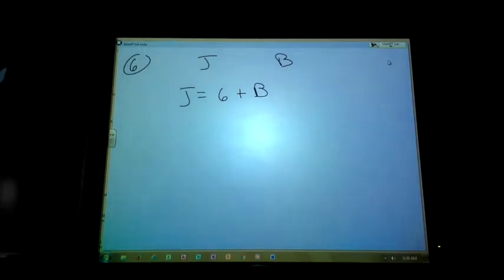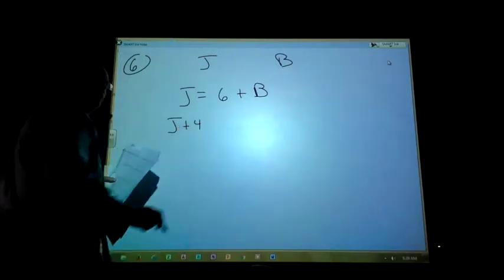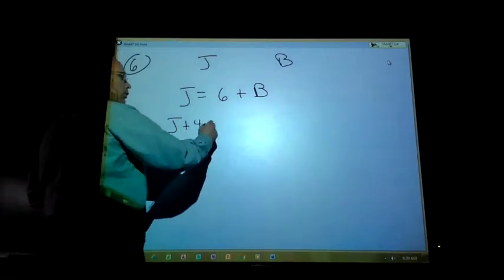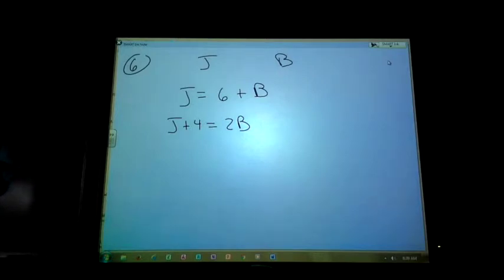Twice as old as his brother will be in 4 years. Okay, so the brother's B, right? So John in 4 years will be equal to twice his brother's age. Mac, does it look like I have 2 equations up there? One of them is J equals 6 plus B, and the other one is J plus 4 equals 2B.